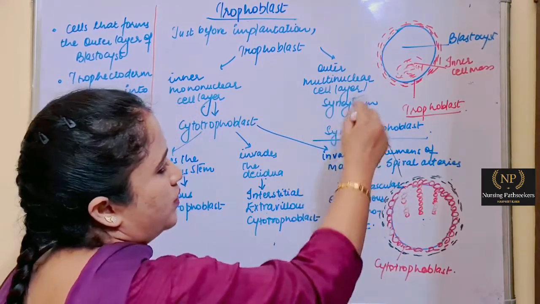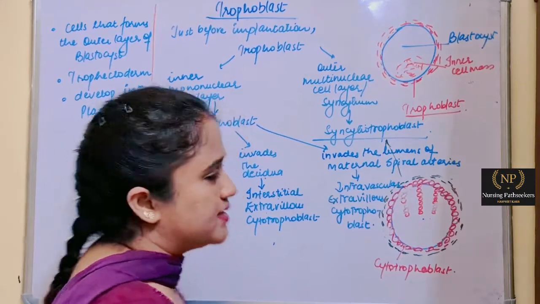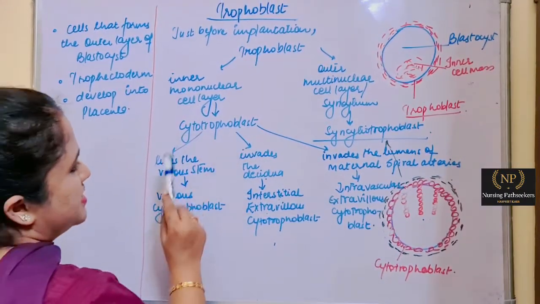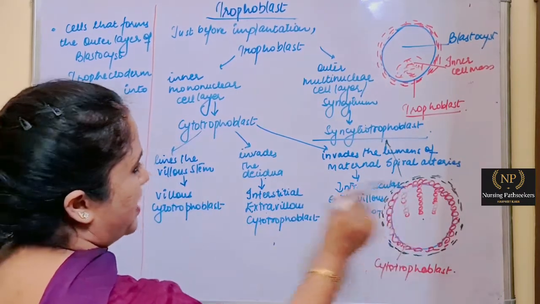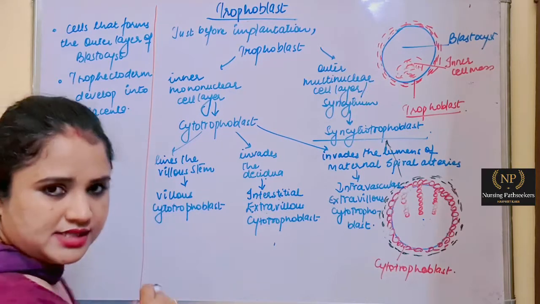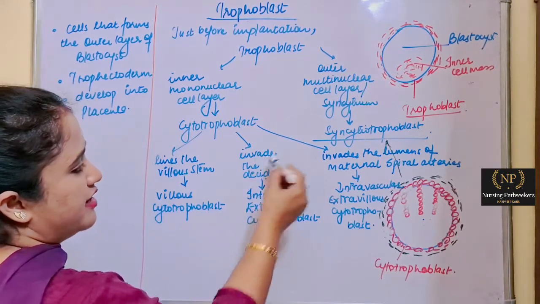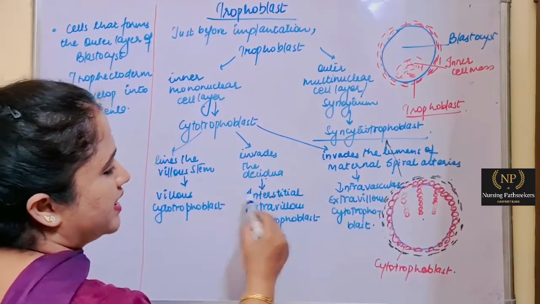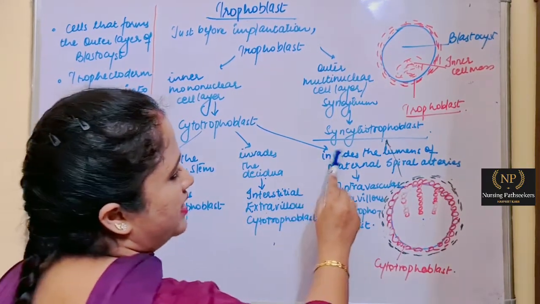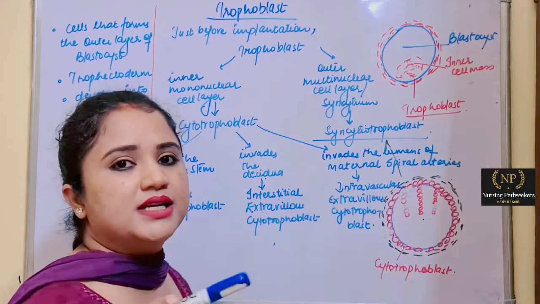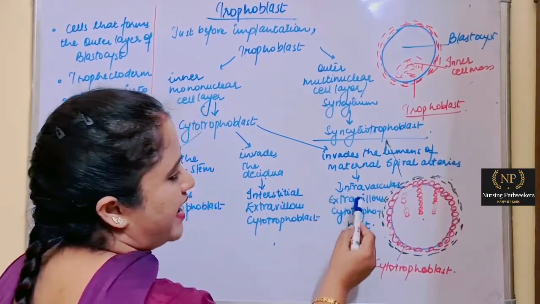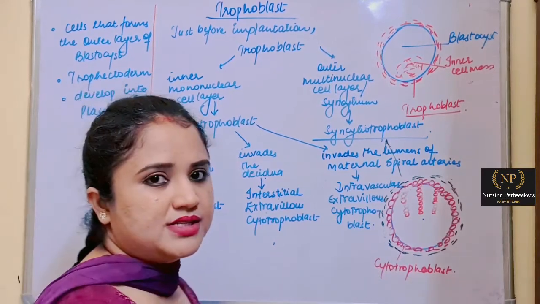The outer one will form syncytial trophoblast, and the inner one is called cytotrophoblast, which further invades into three parts: the one which lines the villus system will be called villus cytotrophoblast, the one that invades the decidua will be called interstitial extravillus cytotrophoblast, and the one that invades the lumens of maternal spiral arteries will be known as intravascular extravillus cytotrophoblast.